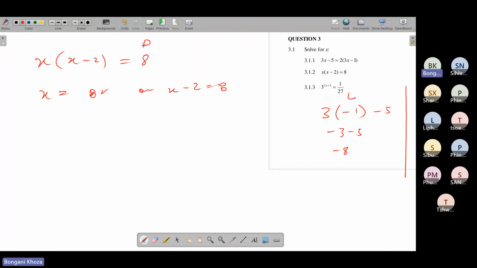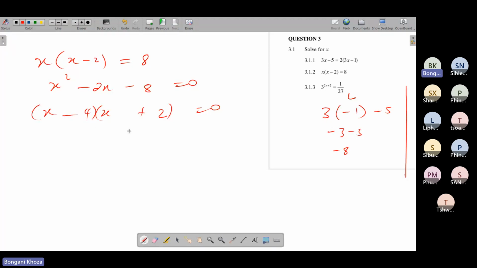That means you first need to bring it this side, break the brackets, and try to factorize again. So this is x squared minus 2x minus 8 equals 0. This is a trinomial. Factorize it. So it's x, it's 4, it's 2, it's minus, it's plus, like that.